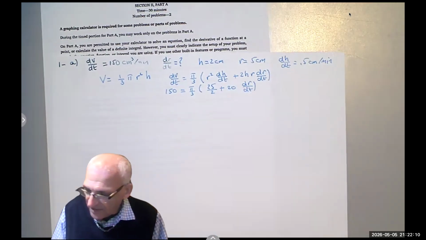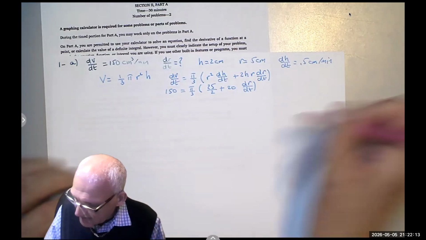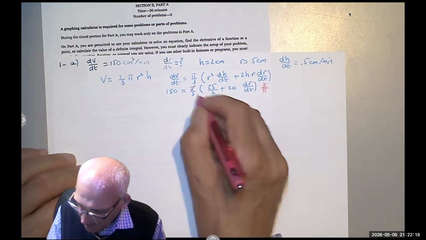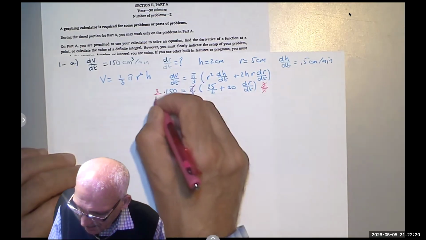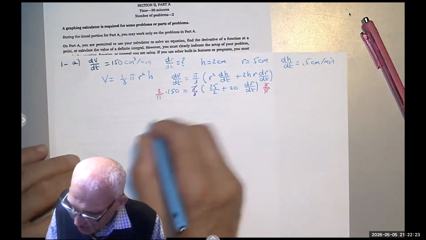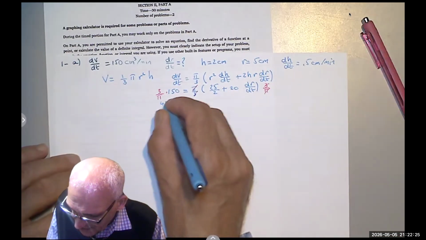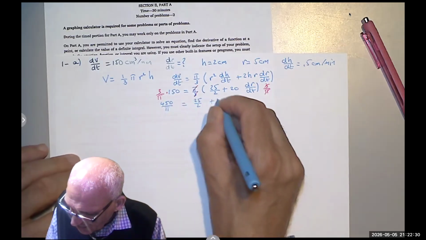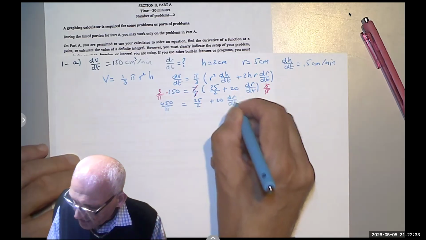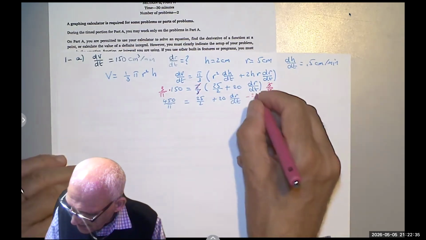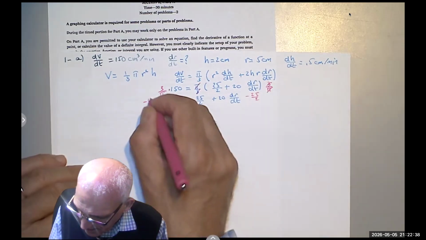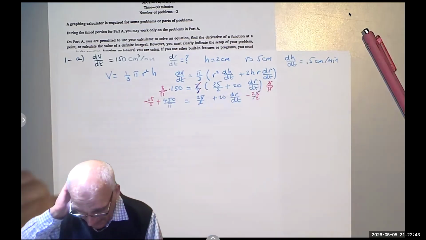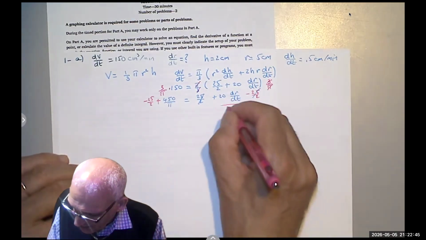Now, in order to solve for dr/dt, we need to multiply both sides by 3 over pi. So you get 450 over pi equals 25 halves plus 20 dr/dt. Then you subtract 25 halves from both sides, and finally divide by 20 on both sides.